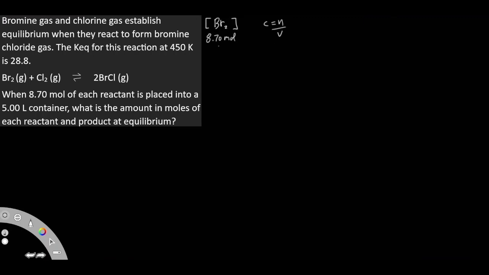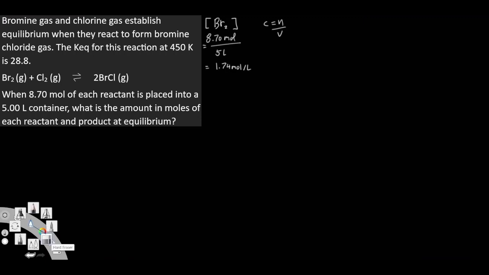So we're going to have our moles over here divided by our liters. In this case we have 5 liters, and we're just going to figure out our concentration now. Just use a calculator, you end up getting 1.74. So this would be 1.74 moles per liter. Okay, this is for Br2.